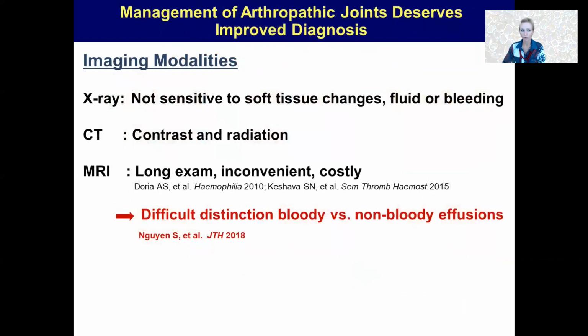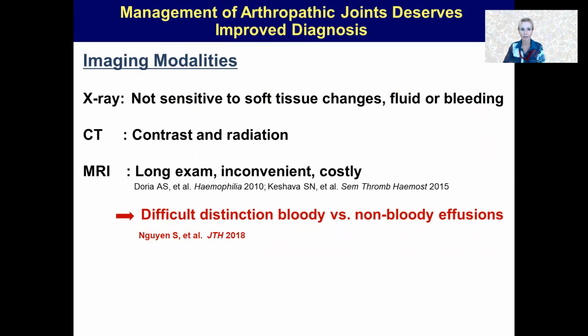So apart from ultrasound, what imaging modalities are available to us, given that I think we all feel that the management of arthropathic joints, especially in hemophilia, deserves improved diagnosis. Now we have X-rays, and those are clearly not sensitive to soft tissue changes, fluid, or bleeding. We have CT scans, but they require contrast and radiation.